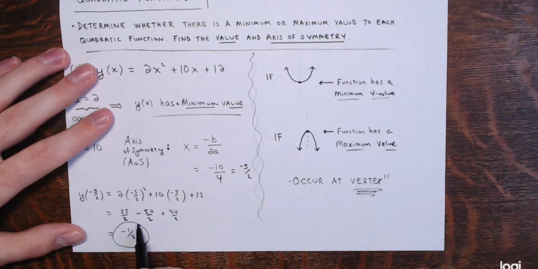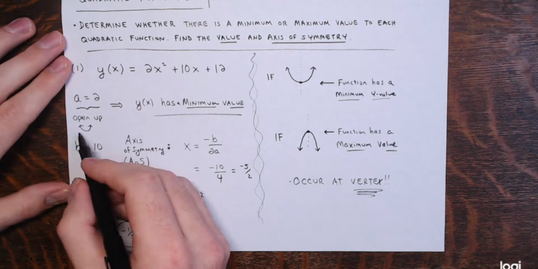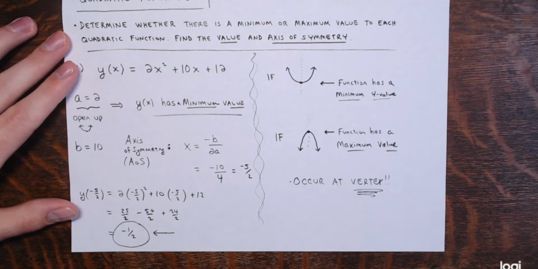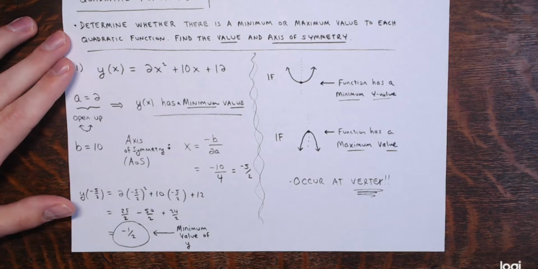This is the y-coordinate of the vertex, which would be the lowest point on the graph, and this, negative 1/2, would be the minimum value of this function y.